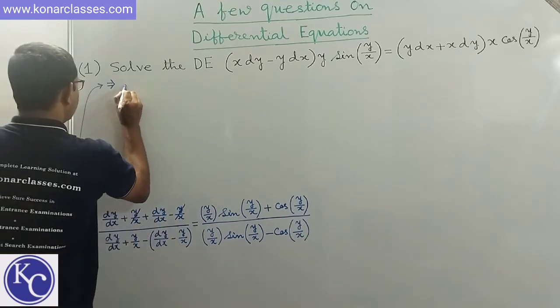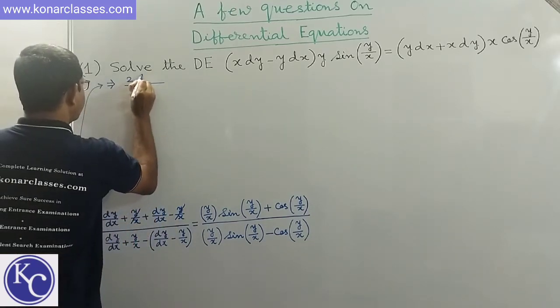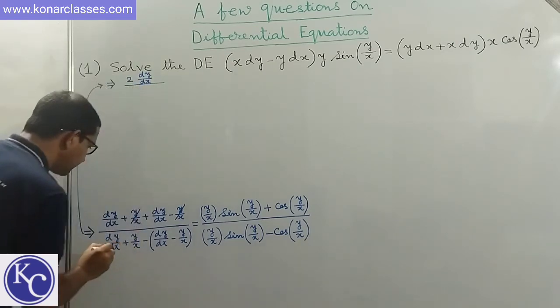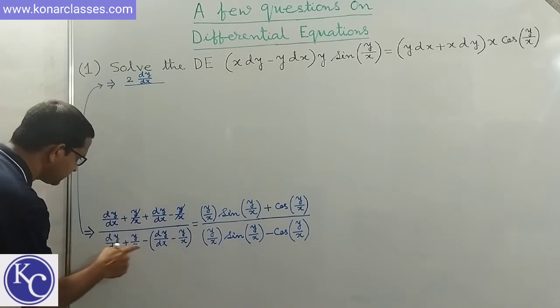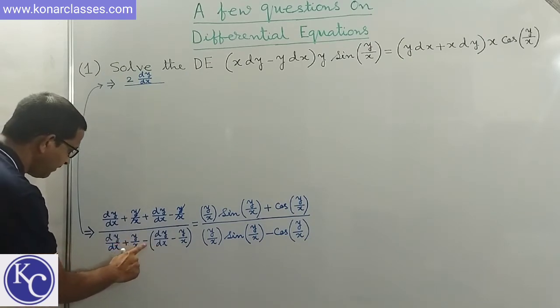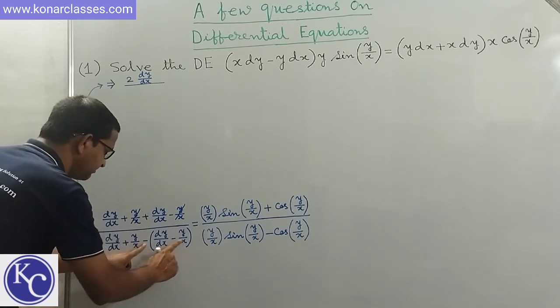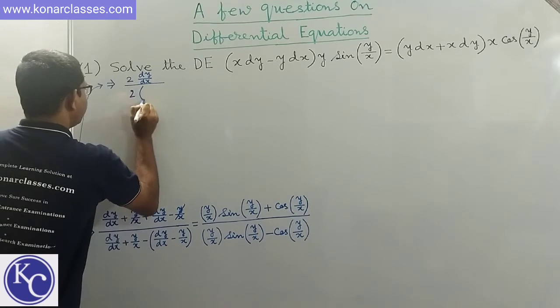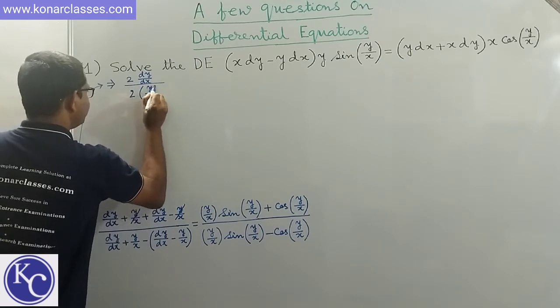So in the numerator what we are going to get is 2 dy/dx, correct? And in the denominator we see that dy/dx minus dy/dx gets cancelled, and y/x minus of minus y/x means y/x plus y/x, that means 2 into y/x, correct?